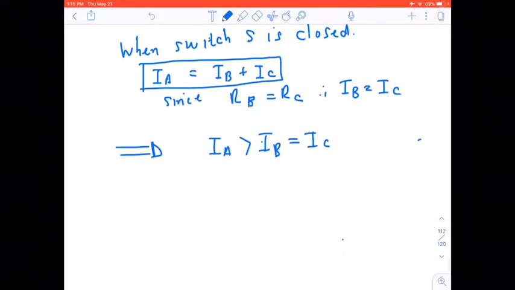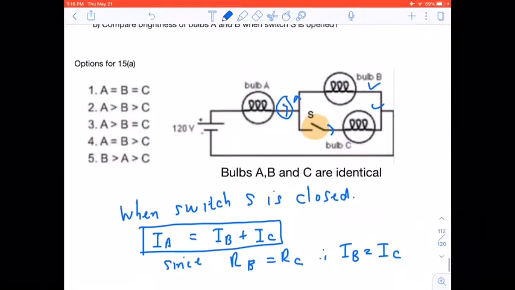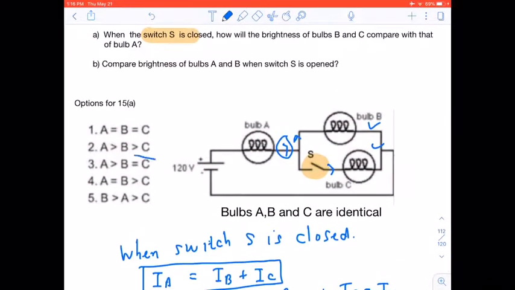So if we then look at brightness, in this case we would find that if we relate bulb A, bulb B and bulb C, A's brightness would be greater than B's, and B's is equal to C's. Right, so it would be that option. Isn't it so?